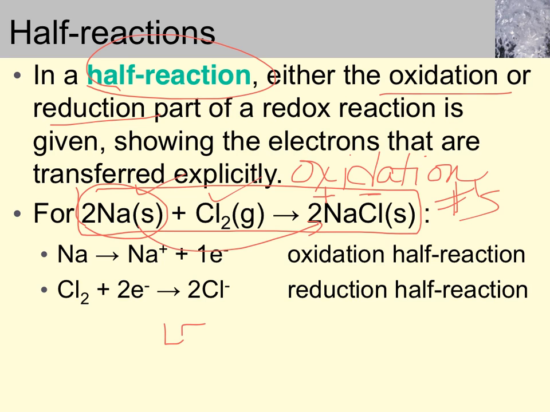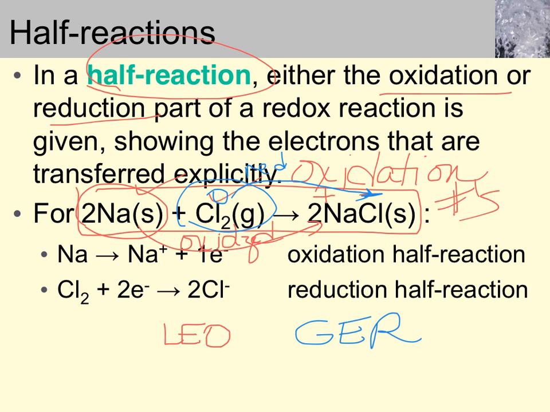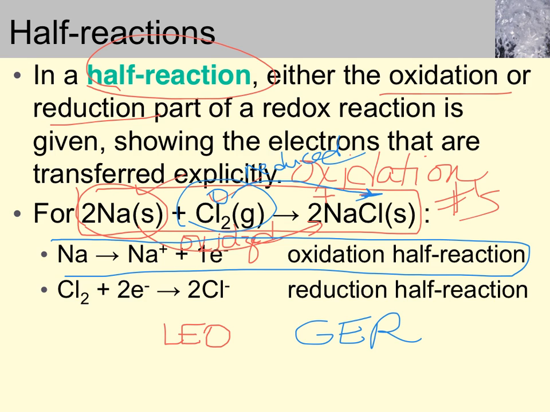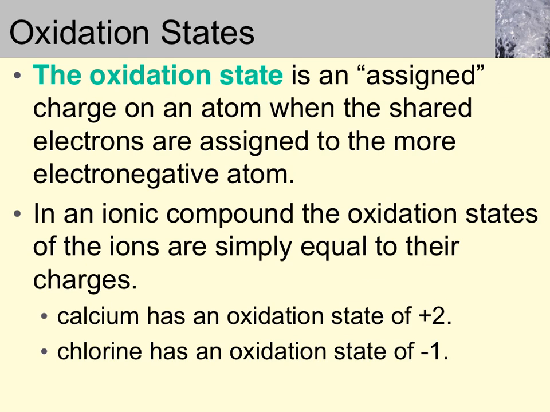What does it mean to lose an electron? That means it's been oxidized. So sodium has been oxidized. And chlorine has gained an electron. It's gone from a 0 charge to a minus charge. When you gain electrons, you get reduced. So chlorine has been reduced. So it was easy to see in this reaction that the oxidation half reaction is sodium and the reduction half reaction is chlorine. It won't always be so easy.